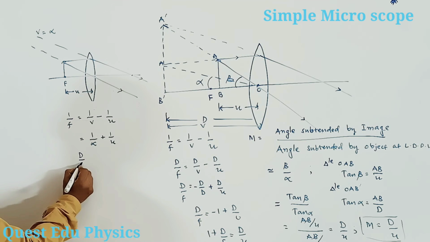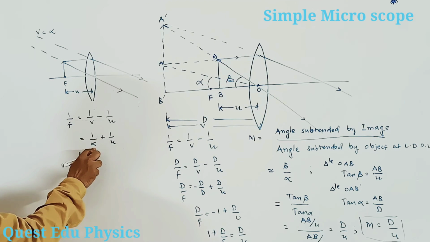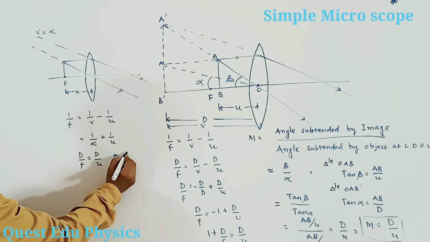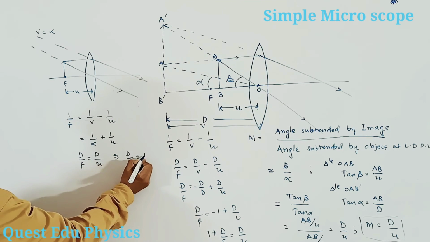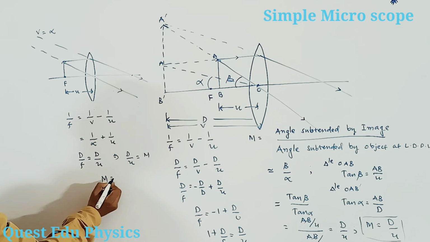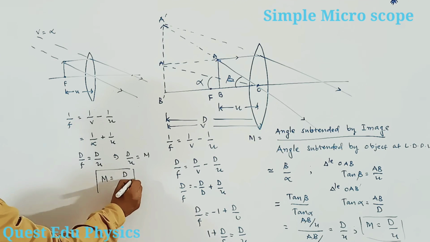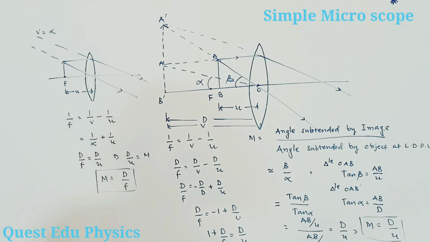D by F is equal to 1 by infinity is 0. It is D by U. Here you know that D by U is equal to, again it is a magnification. M is equal to D by F.